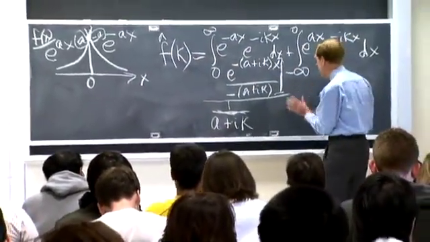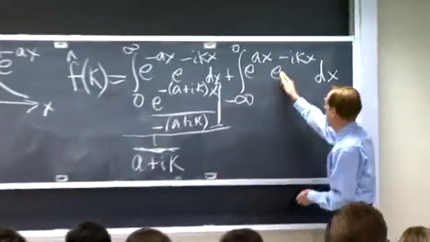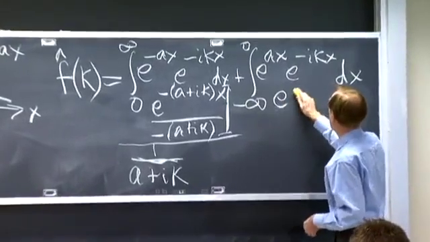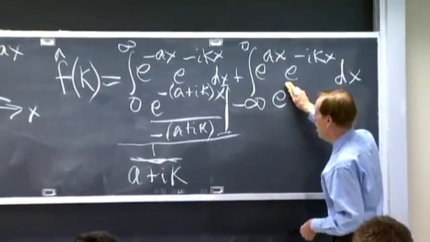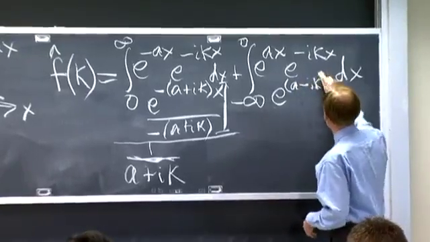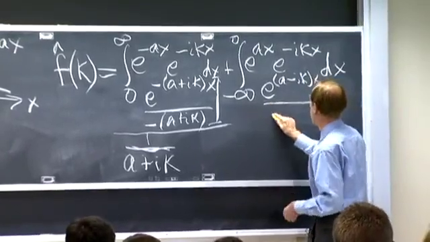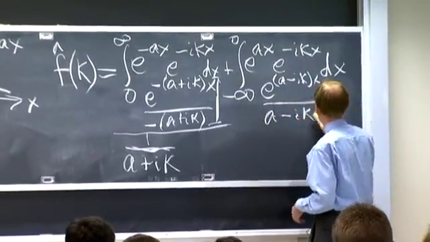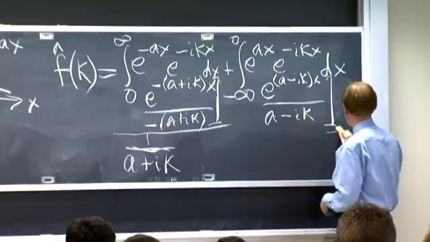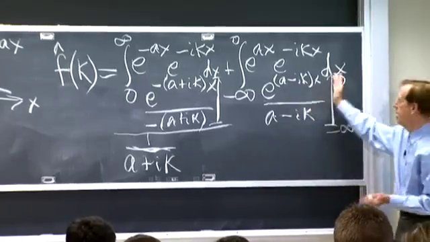Okay, and you can easily see that happen, because this part is just e to the a minus ik x, which I'm going to integrate to get this thing over a minus ik. And I'm going to plug in the limits minus infinity and 0. At minus infinity, I'll get nothing.